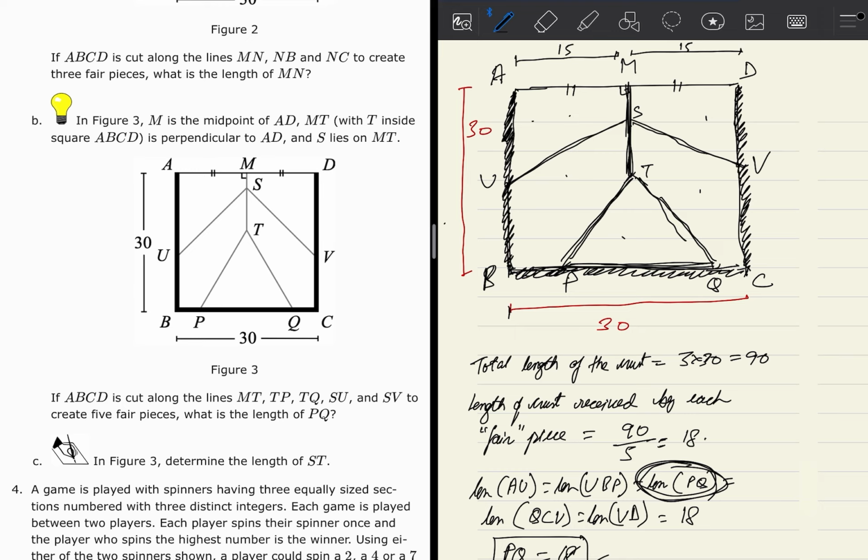You have to use the concept of the areas and try to figure it out. This is how I plan to solve this. Since those are all fair pieces, each of them will have the same area.